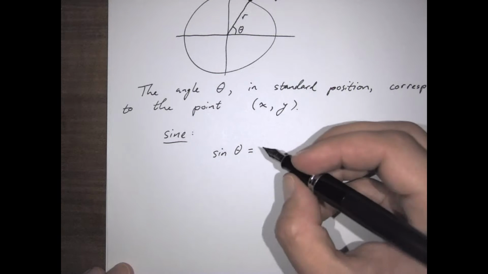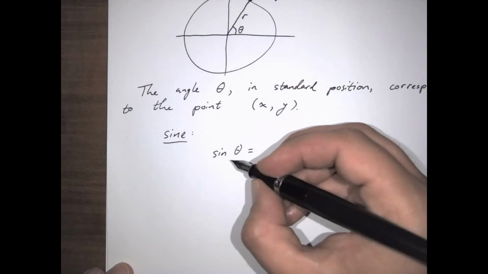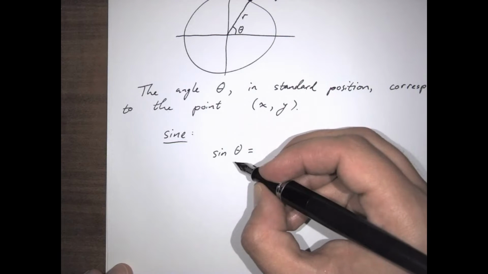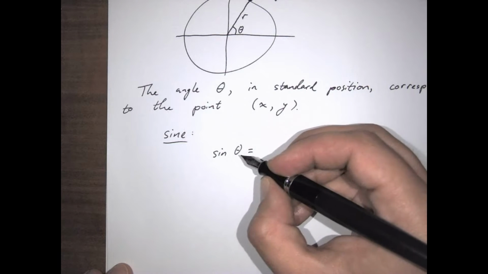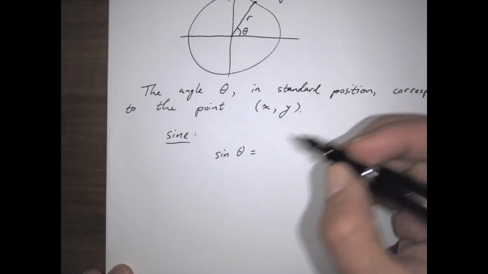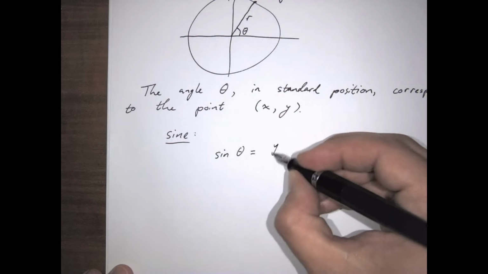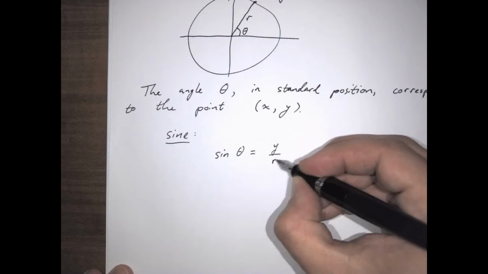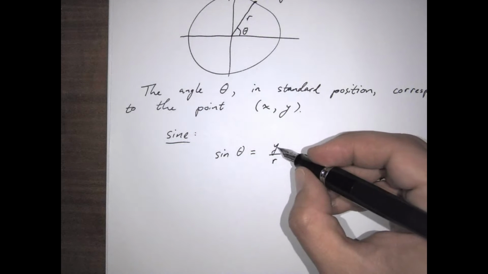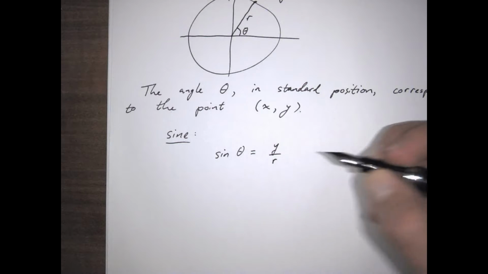But basically the way to think of sine of theta is it is the factor that you would multiply the radius by to get the y. So in other words, it's y divided by the radius. So y is equal to sine of theta times r, and here that means that sine would be y divided by r.